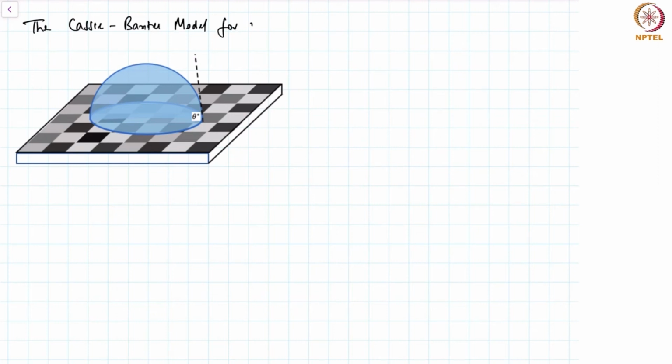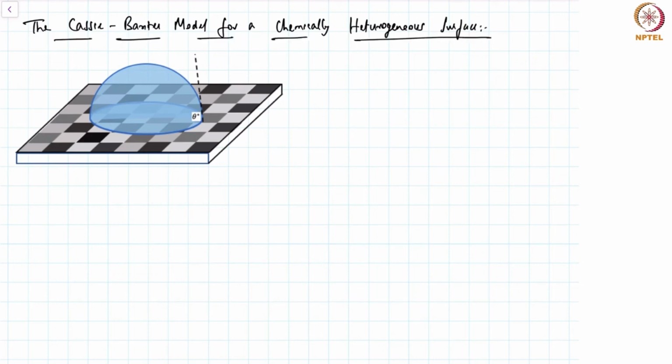Model for a chemically heterogeneous surface. So to understand this, we have to understand that the surface has different roughness and different surface energies on this checkered board pattern.